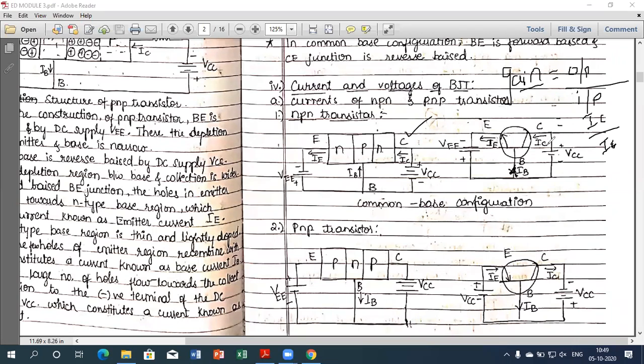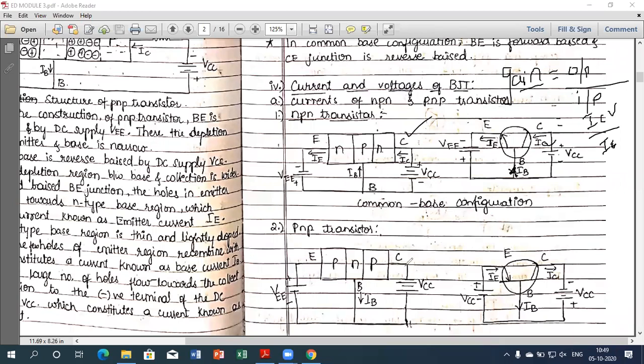Output is collector current IC, and the input current is IE. So from this we can say that the total gain of this NPN transistor in common base configuration is IC by IE. So this is about NPN transistor in common base.